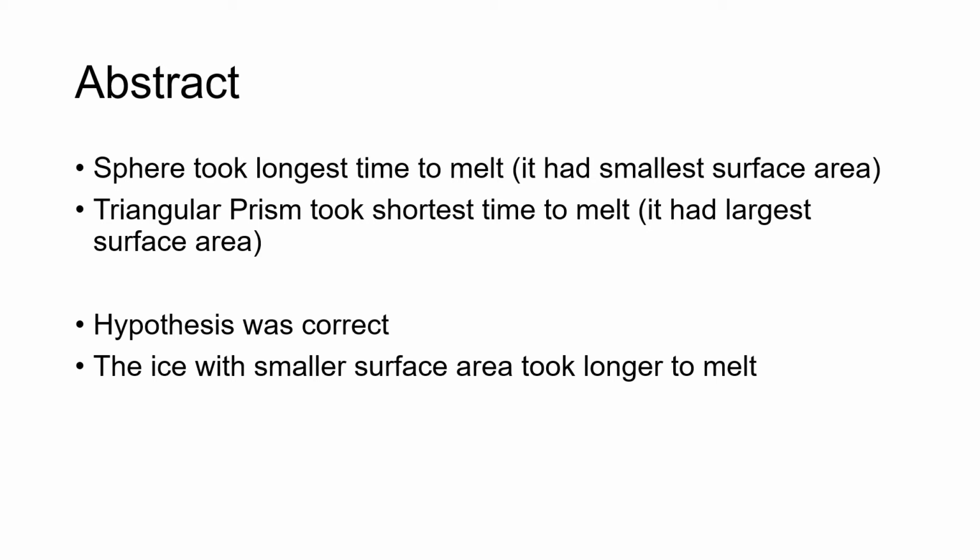And this goes with the hypothesis we made previously, because the sphere has the smallest surface area and the triangular prism has a larger surface area, and the other data also show the trend that the ones with larger surface areas had shorter melting times.